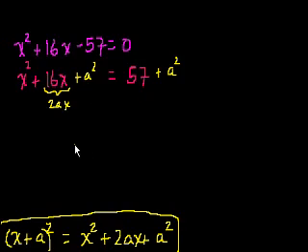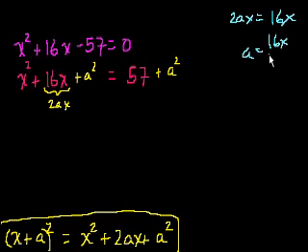Well, how do we do that? If this expression right here is 2ax, what is a? Well, 2a is going to equal 16. So a is equal to 8, and you could usually do that just by inspection, in your head. But if you wanted to see it done algebraically, you could write 2ax is equal to 16x, and then divide both sides by 2x, and you get a is equal to 16x over 2x.